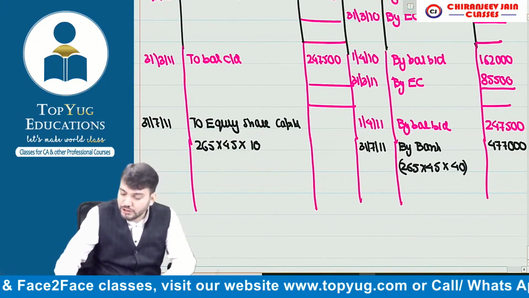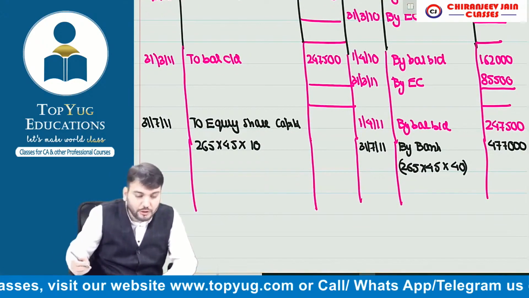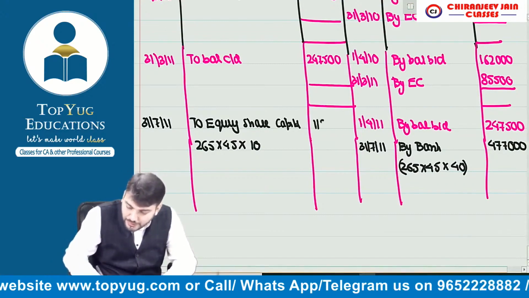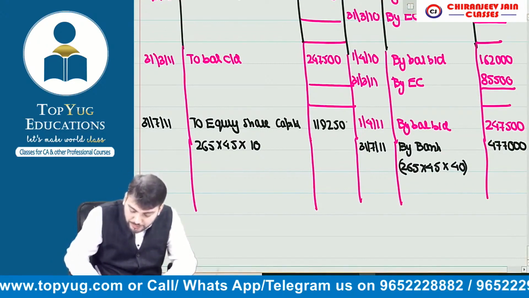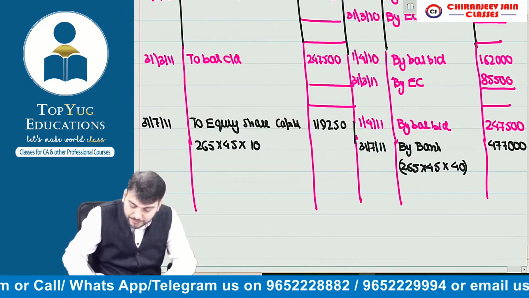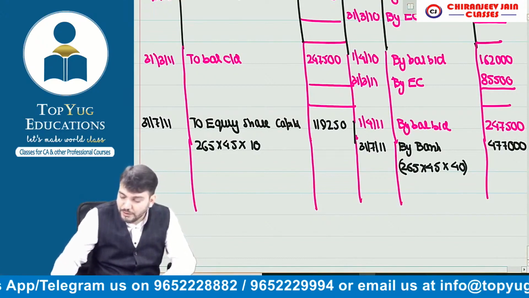So it is 265 into 45 into 10, equal to how much? This will come 1,19,250. Correct? Understood?